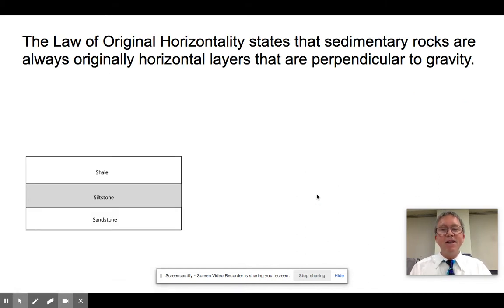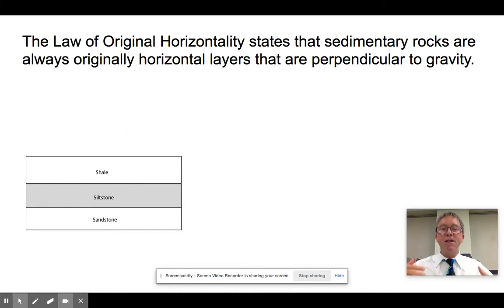Okay, there's another thing to know about. It's called the Law of Original Horizontality. That seems like a mouthful, but all it means is that the bottom of the ocean tends to be a flat surface. If it's tipped, the sediments would just run down and pile up. So it's got to be flat for sediments to get deposited.